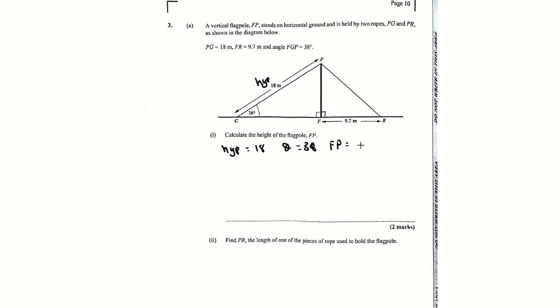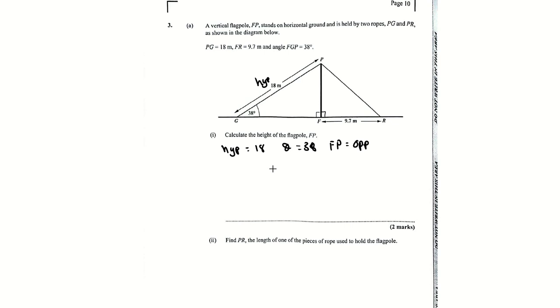So, they told us calculate the height of the flagpole FP. Now, I'm going to be looking at this triangle, which has a 90 degrees angle. This is my hypotenuse. So my hypotenuse is equal to 18. Theta is equal to 38. And then they want to find FP. FP is equal to the opposite.